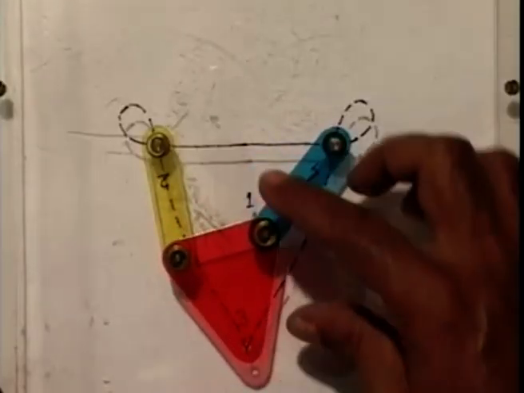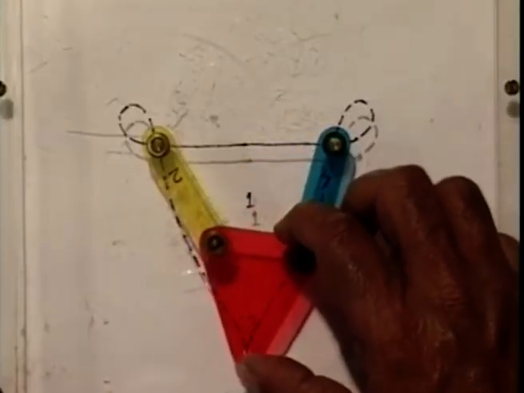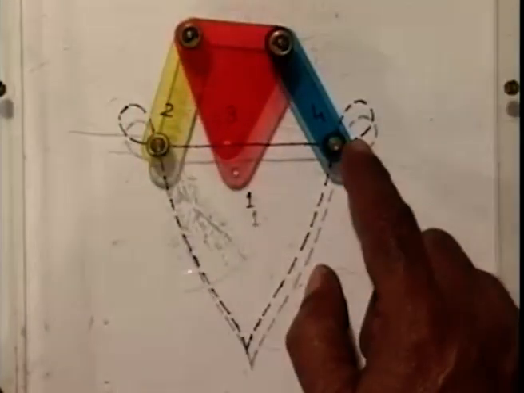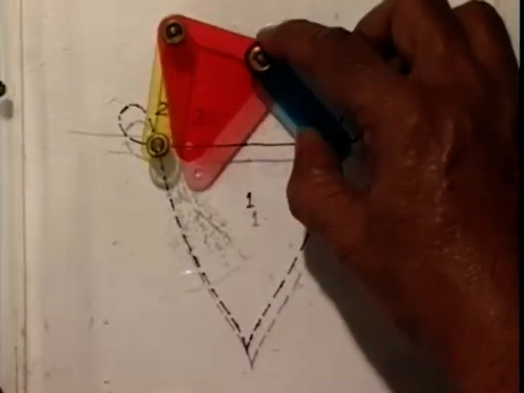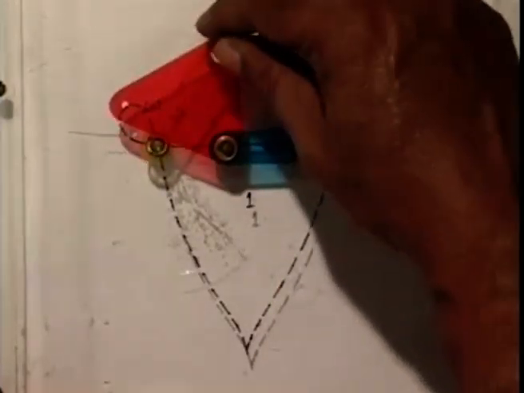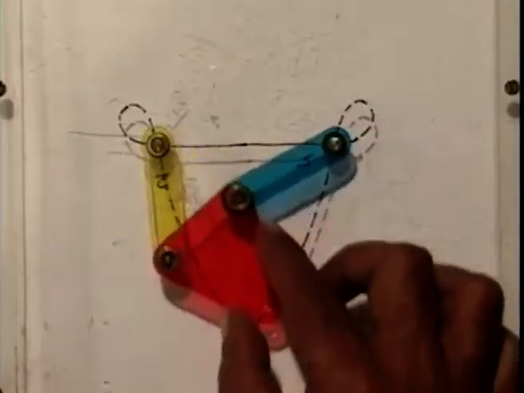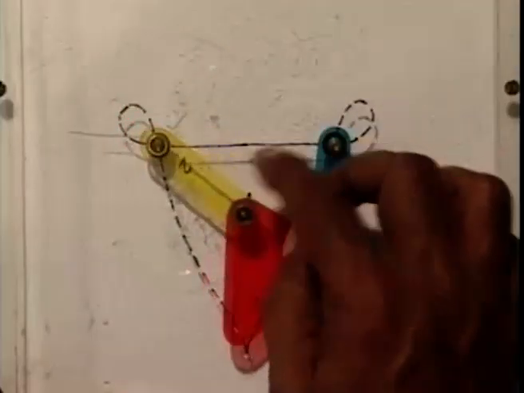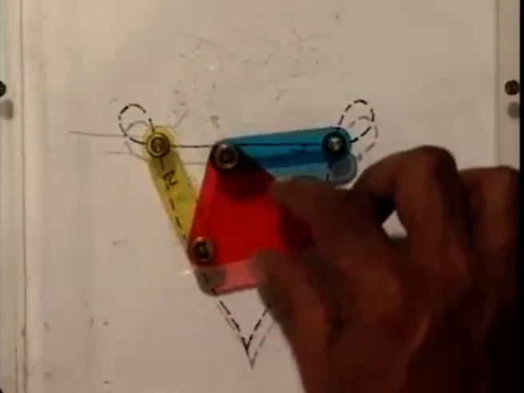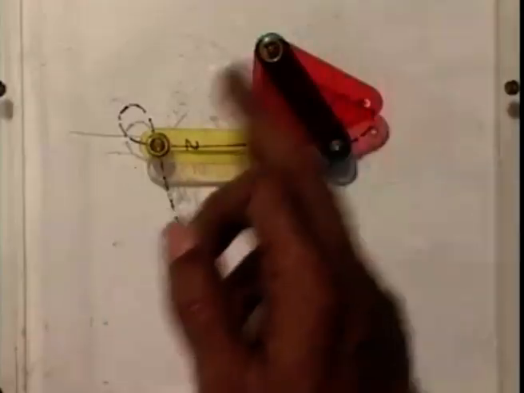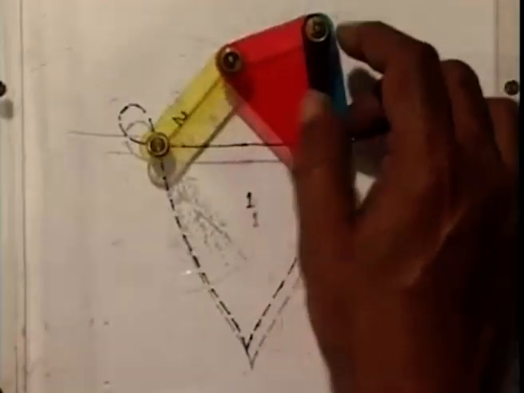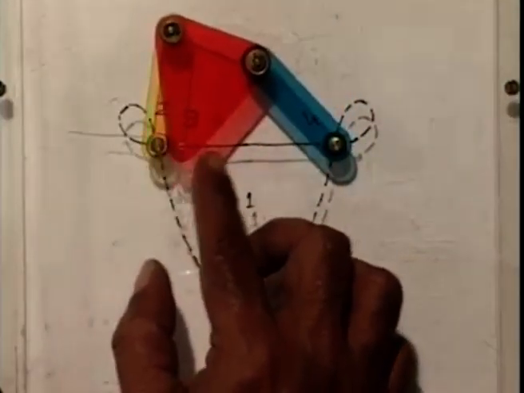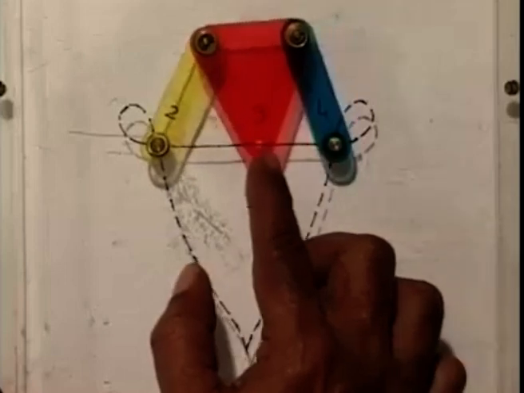And here there is a cusp, and there are two loops at O2 and O4. This is again a non-Grasshopper type double rocker, because both the rockers are crossing the line of frame, but they cannot rotate completely. Both of these are rockers, but they are rocking above and below the line of frame. So this is a non-Grasshopper double rocker with a very good approximate straight line generation between O2 and O4, by this coupler point C.